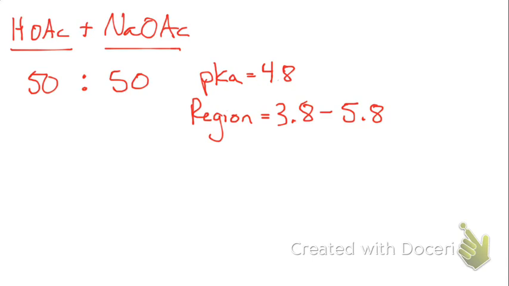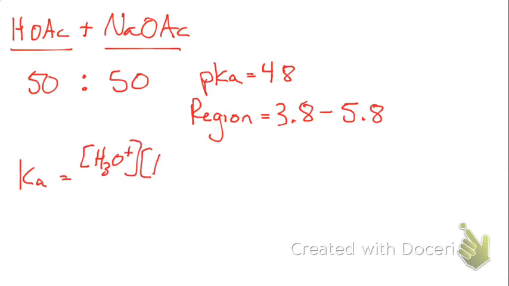So how in the world do we know this? How do we know that 50-50 is the best, that's when the buffering is great? We're going to go back to our equation. I know, more equations.